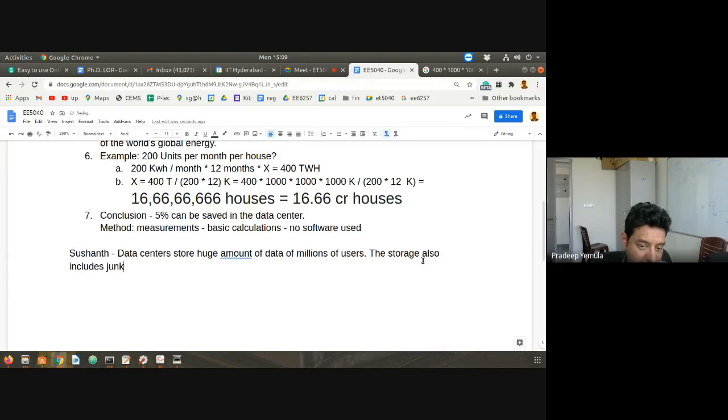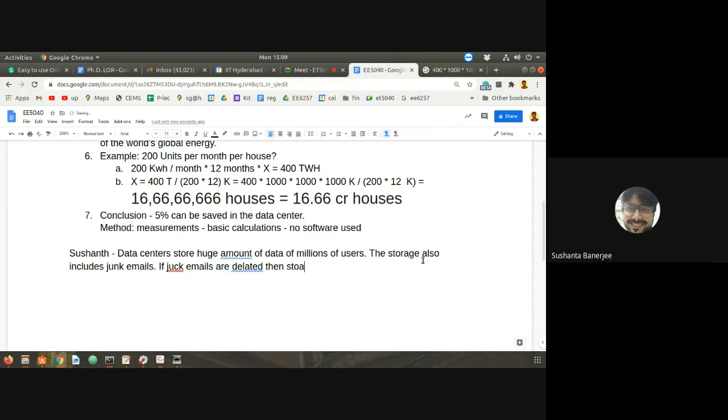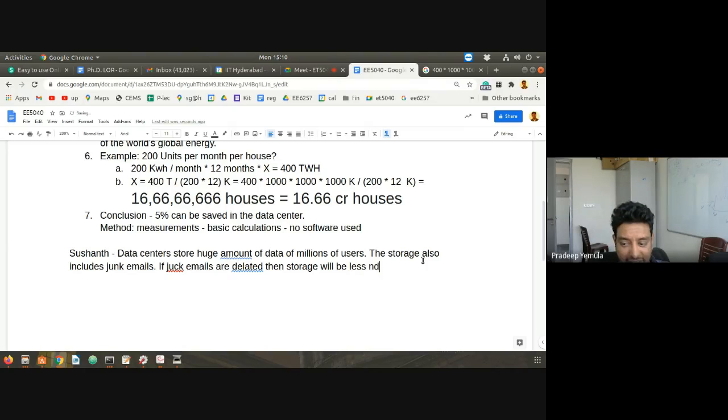Junk, right? Junk emails. So what you are saying is, if junk emails are deleted, then we can save a lot on energy. Storage will be less and energy consumption will be less.